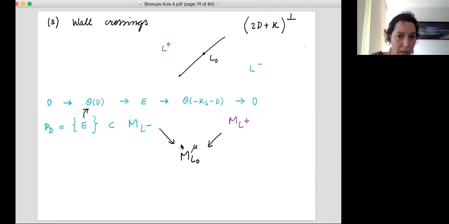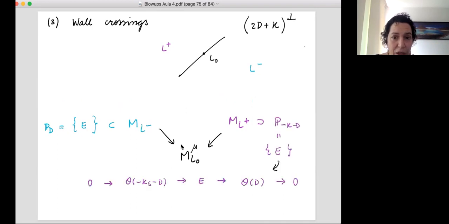I call this subset PD. So this consists of all the extensions of this form, and these are parameterized by some Ext^1. And so you can, again, use Riemann-Roch to compute the dimension of these extensions. And the same thing for the other one.